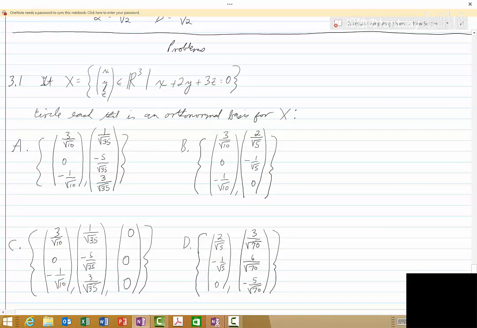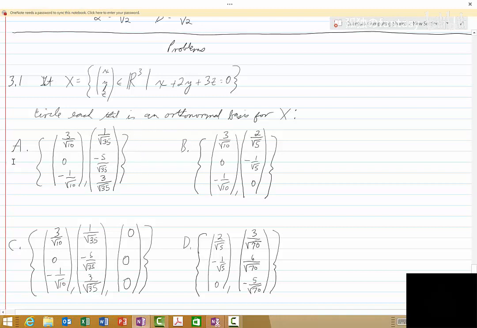Okay, so our problems will be as follows. For 3.1, we're given a subspace X which consists of all vectors in R3 that satisfy x plus 2y plus 3z is equal to 0.